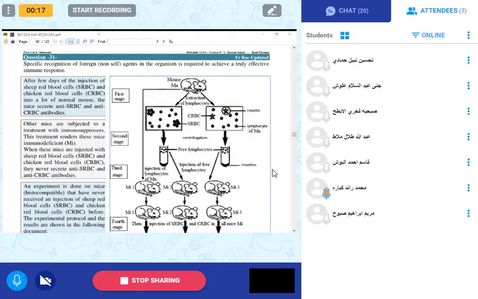When these mice are injected with sheep red blood cells and chicken red blood cells, they never secrete anti-SRBC and anti-CRBC antibodies. ما بيطلع عندهم لا anti-SRBC ولا anti-CRBC.